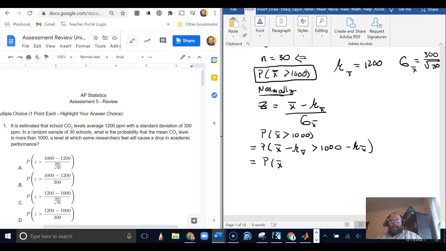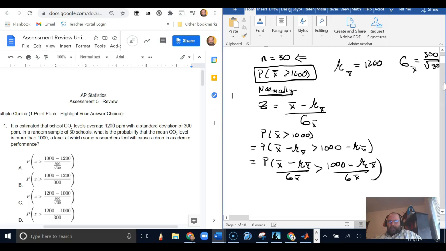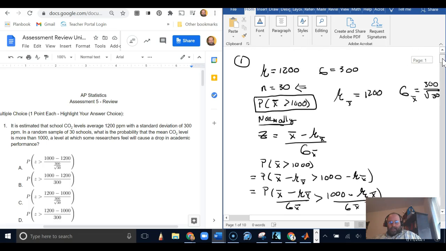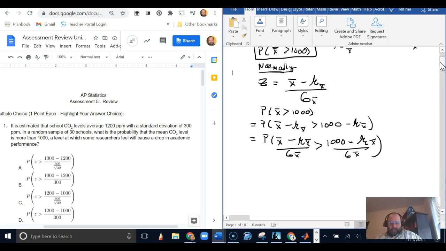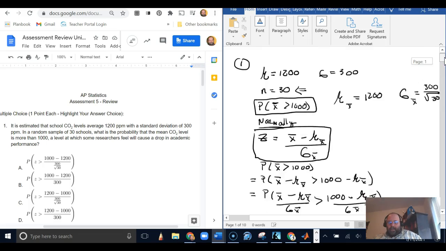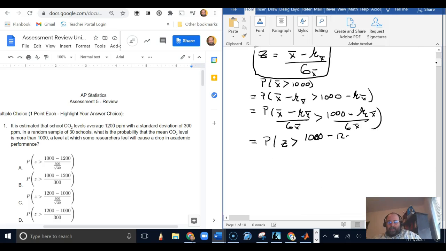This should be the same as that over sigma of the x bars is greater than 1,000 minus the mean of the x bars over the sigma of the x bars, right? So using my knowledge from the problem here, my z-score formula is going to say that z has to be greater than 1,000 minus 1,200, because I know that the mean of the x bars is 1,200.